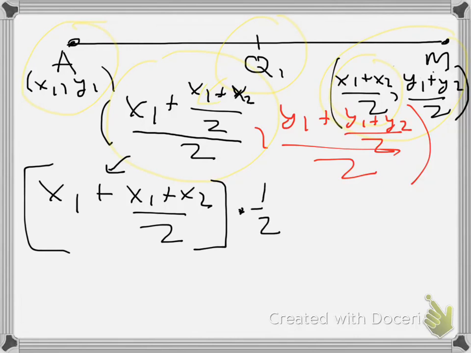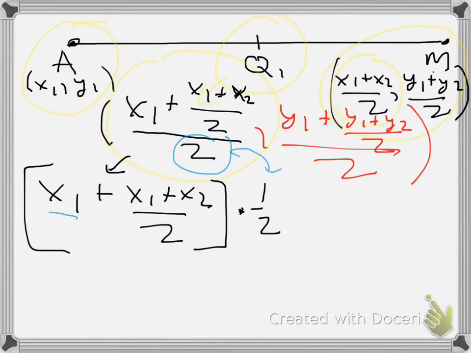Dividing by 2 is the same as multiplying by a half. And I know that this is over 1. So why don't I just multiply everything by a half? And remember, when you do that, you're going to get a half times everything here, and a half times everything here. And remember, when you multiply fractions, you multiply the tops and the bottoms of each fraction and then simplify later.